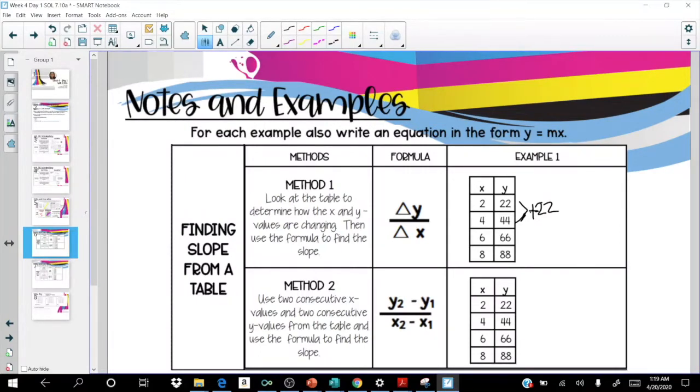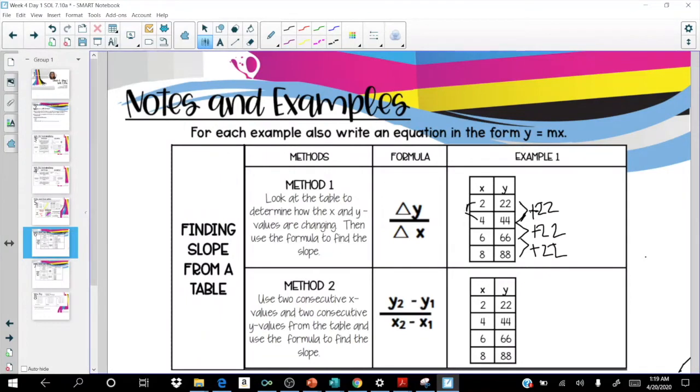And if you did not know that, you can work backwards and subtract 22 from 44 to figure out what you're actually adding. So to go from 44 to 66, again, you would add 22. To go from 66 to 88, you will also add 22.